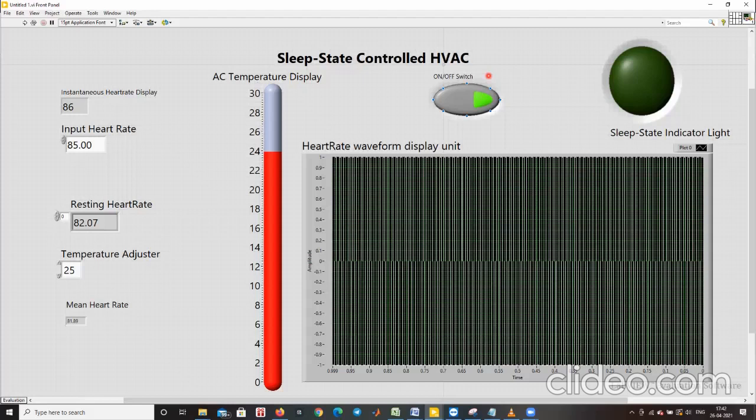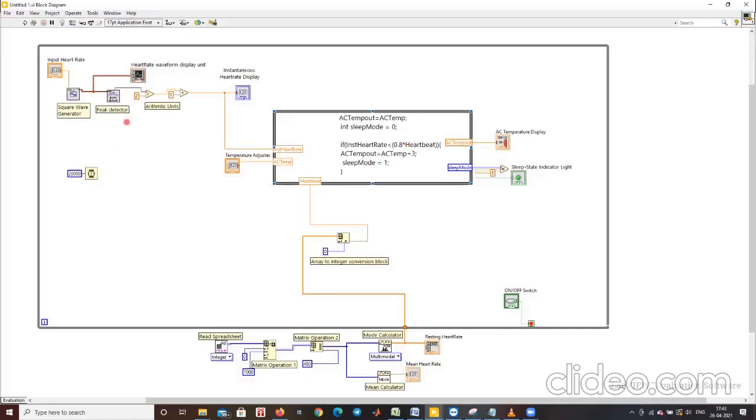So to prevent erratic change in the HVAC system's temperature, we have activated it every 20 seconds, so that after a person completely falls asleep, or when that stable sleep state is reached, then the system switches to sleep state. Okay, so that's about this.